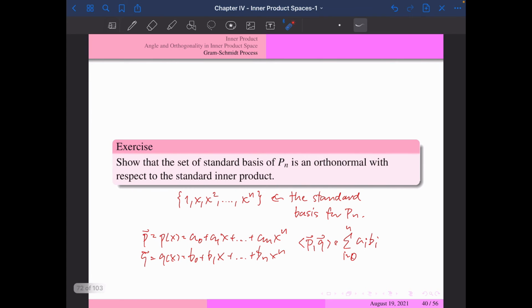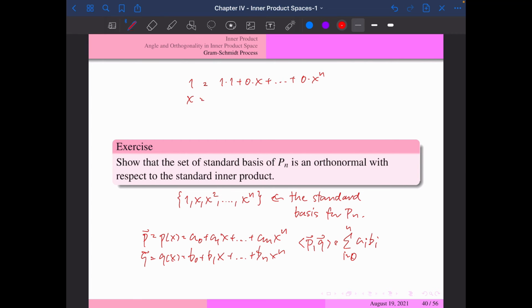Why? Because for 1, what does it mean, 1? 1 is a polynomial, right? It's the constant polynomial. So we can write 1 as 1 times 1 plus 0 times x plus ... plus 0 times x to the power n.